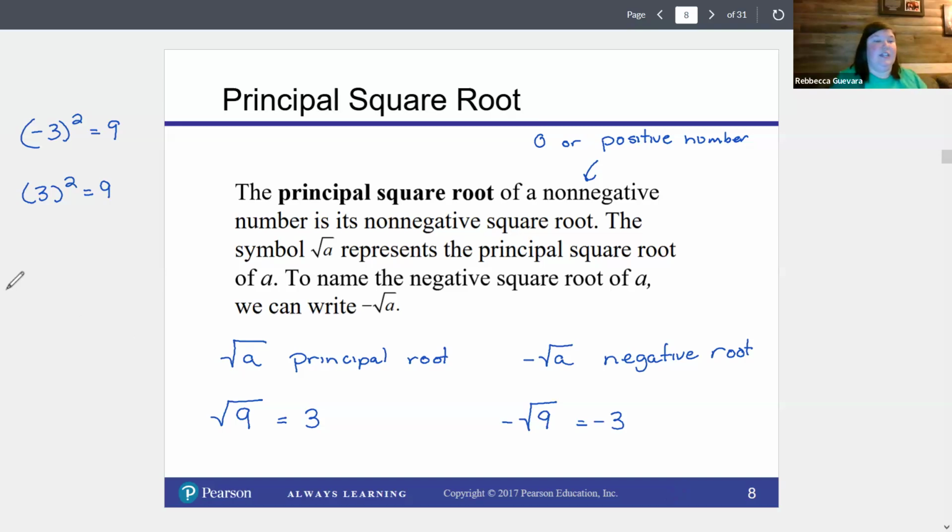So in essence, if I do a square root of a number, I expect it to come out positive, and if I want the negative root, I have to put a negative out front. This is a basic rule because we want to make sure that when we do square roots, we're not ending up with two solutions, because we're trying to set something up to be a function. So if 9 goes in, we're not saying the square root of 9 is -3 and 3. We're going to say the square root of 9 is just 3. So we're forcing this into a function.